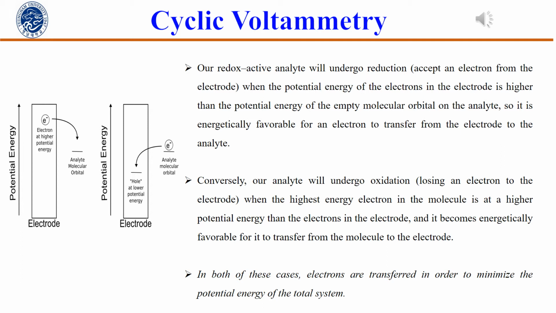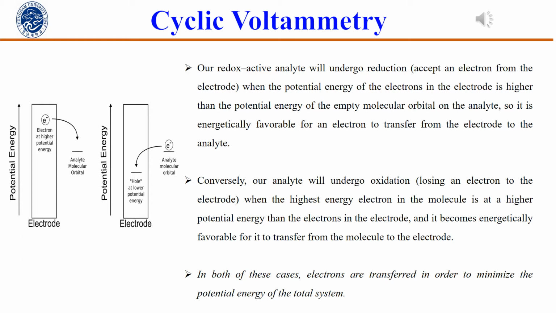Our redox active analyte will undergo reduction, that means accept an electron from the electrode. Listen carefully. Whenever the analyte undergoes reduction, it accepts an electron from the electrode. Why is this happening? Here, if you see, the potential energy of the electron in the electrode is higher than the potential energy of the empty molecular orbital on the analyte.